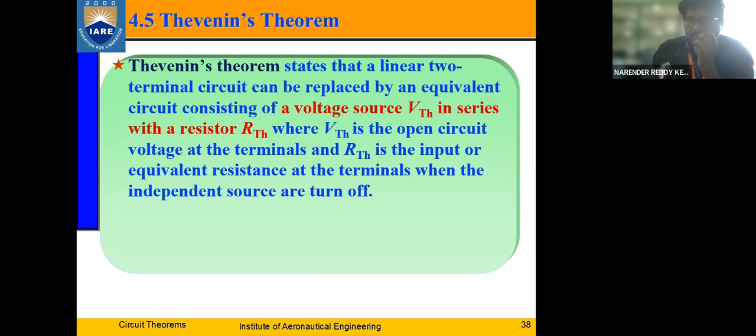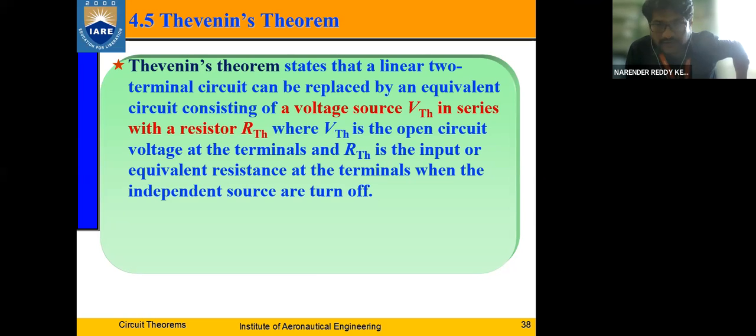And the equivalent resistance is found across the two terminals when the sources are turned off. It means we can replace any complex circuit fundamentally with two elements. Suppose I wish to find the current through some element, a resistor present in a 10 element circuit.